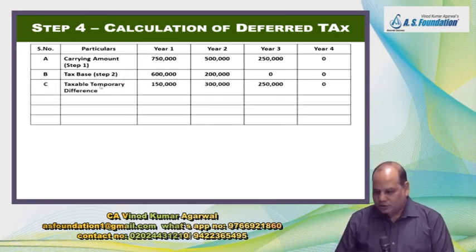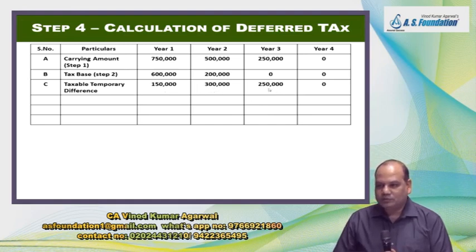Then write down point C. In all the 4 years, at least in the first 3 years, the carrying amount is more than the tax base. So in all 3 years we have a taxable temporary difference, correct? Taxable temporary difference A minus B: 1,50,000, 3 lakh, 2,50,000, 0.